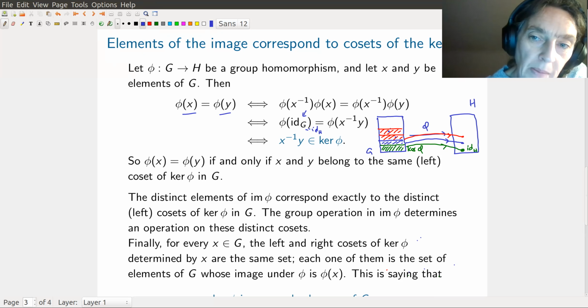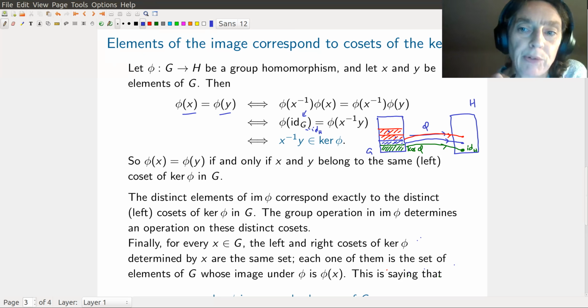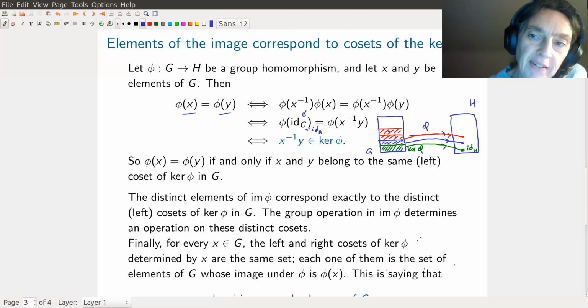We should get the same outcome if we compose them in G, landing in some coset here, and then map over to H. Okay, so what this gives us is a correspondence between the elements of the image of phi, which might be all of H or might not be all of H, and the distinct cosets of the kernel of phi in G. Okay, so every element in the image corresponds to a coset of the kernel over in the original group G.